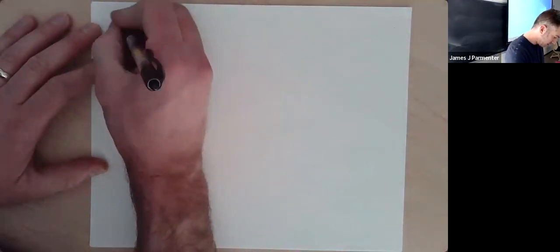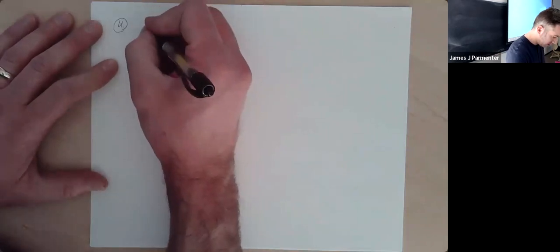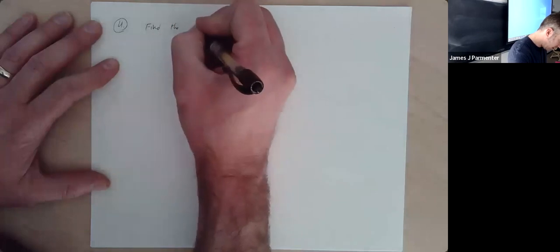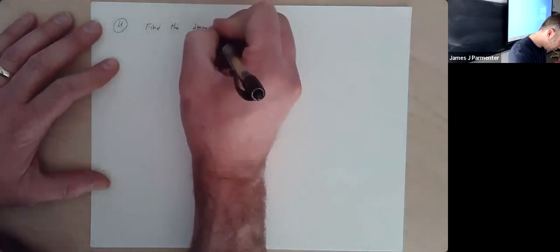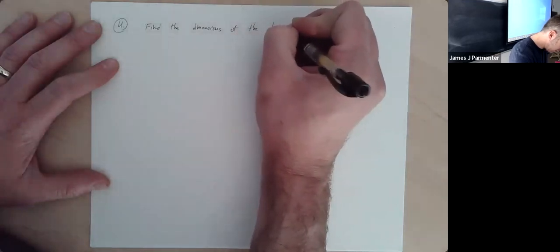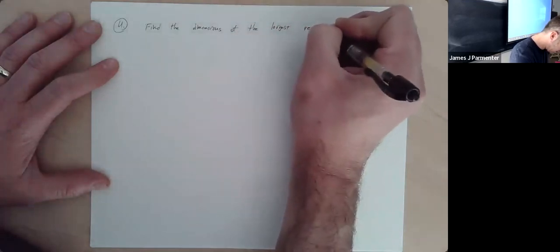So let's do the same problem, except now we're going to use Lagrange multipliers. So again, same problem. So I don't really want to write it, but I will. So find the dimensions of the largest rectangular box.